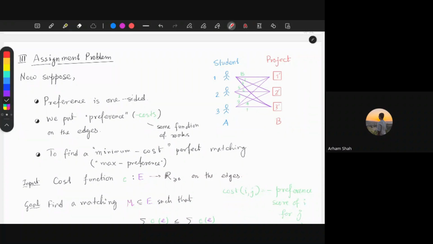So he chooses projects according to this, and these values actually denote preferences. The higher the number, the more preference the student gives.